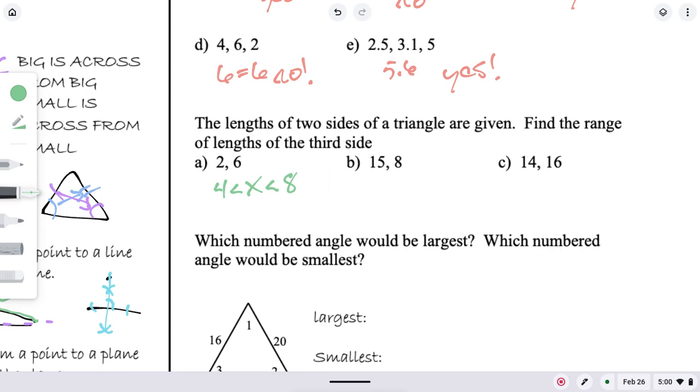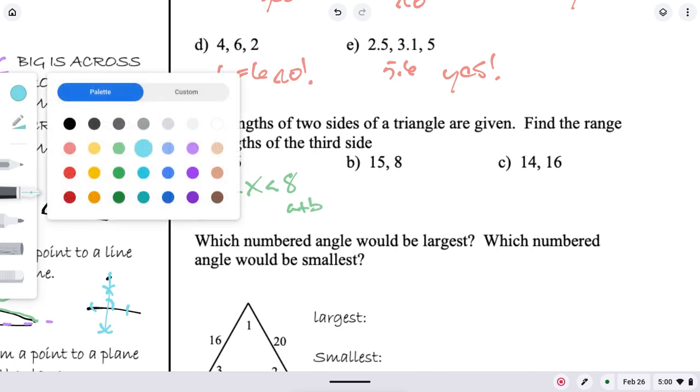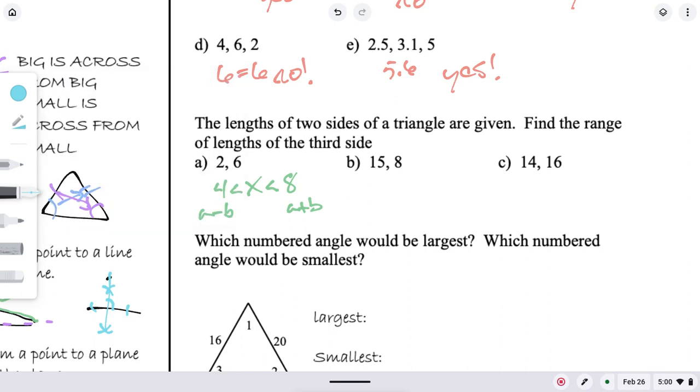Basically, what you do is you take a and you subtract b, assuming a is bigger than b. So 6 minus 2 gives you the lower bound. And then you do a plus b to get your upper bound. 6 plus 2 is 8. So you're going to do the same thing on the next few examples. You can try that on your own, or you can pause and do whatever you need to do.